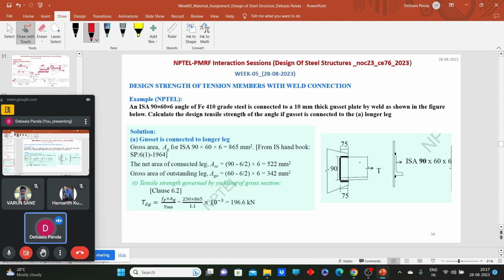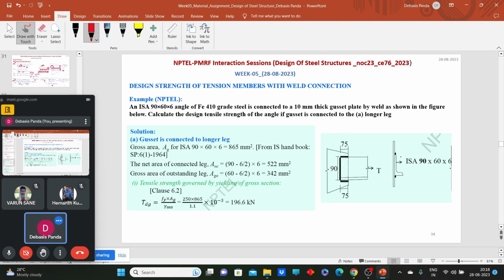First, we did not make any holes. That means the connected leg and the outstanding leg both will have the gross area, right? And secondly, when we calculate the shear lag length for the welded connection, it will be the width of the outstanding leg.